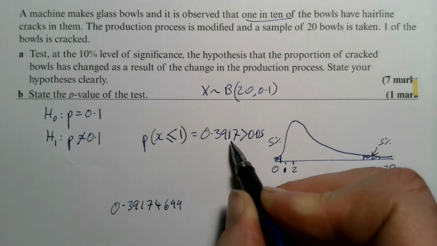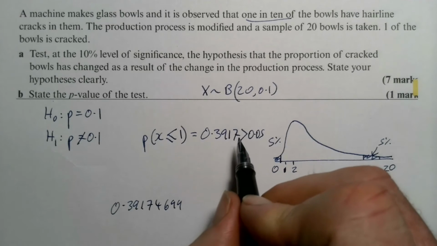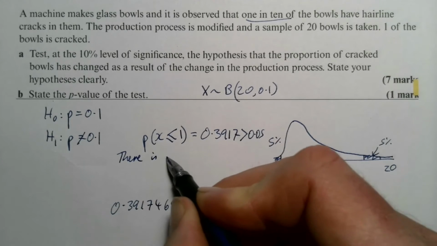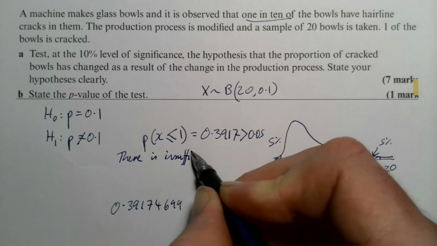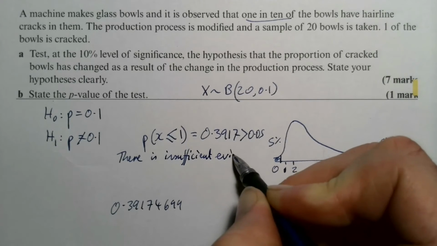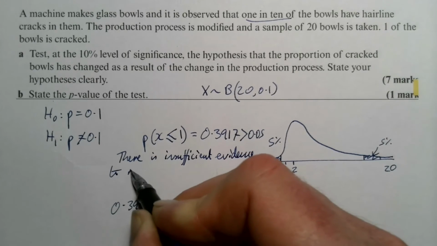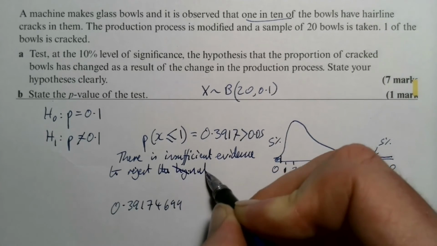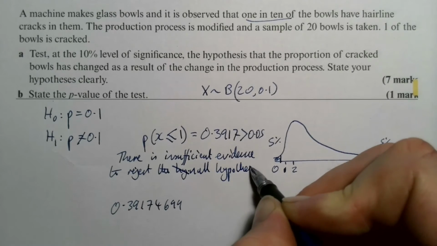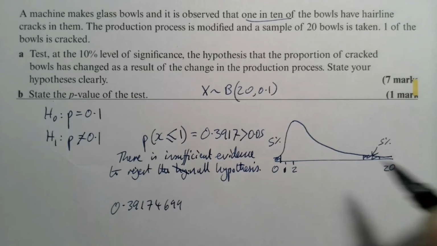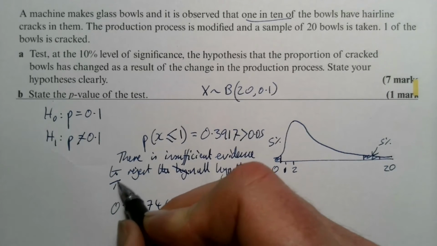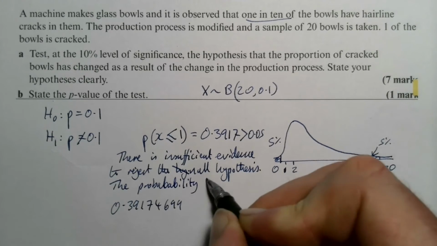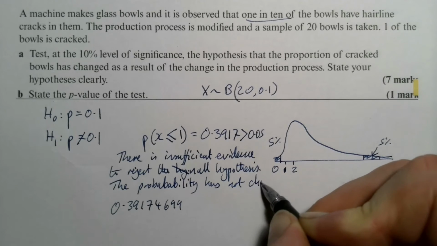So as a result of our test, we can say there is insufficient evidence to reject the null hypothesis, the probability has not changed.